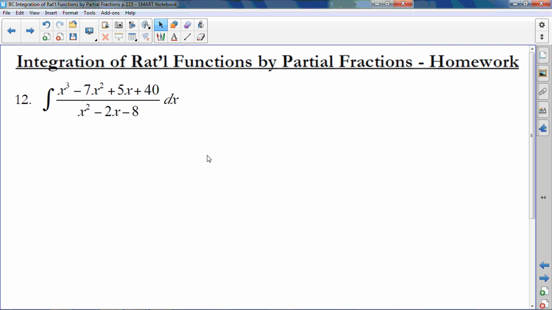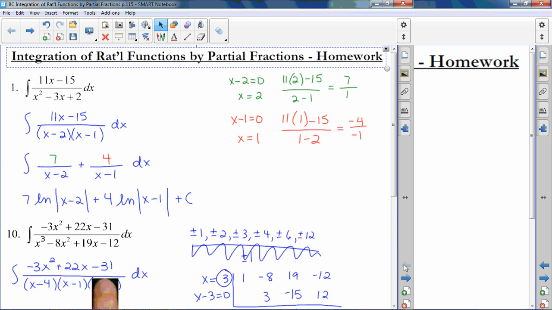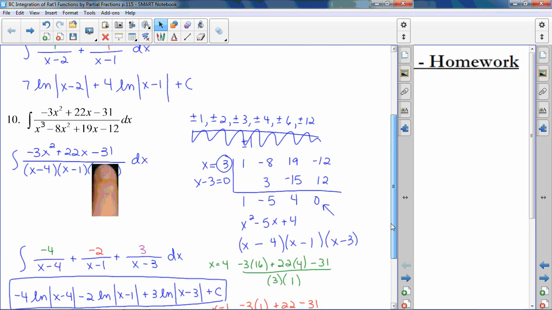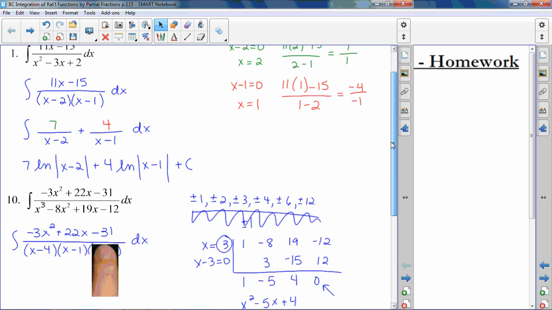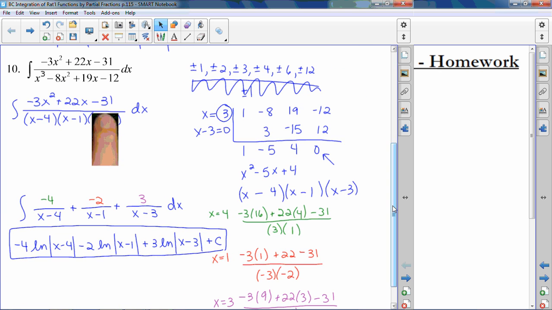Okay, number 12, it's unlike what we were doing yesterday, hopefully yesterday by the time you're seeing this, which is this part of it. Looks like we did 1 and 10. And we're going to be using some of these today, but here's the big difference here.